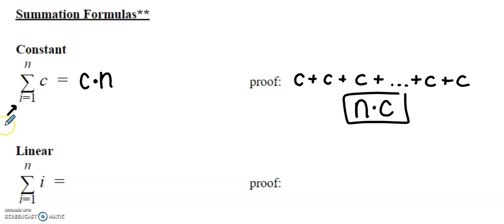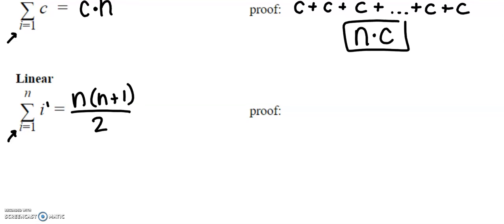This one, if I have a linear function, so my index is i, and I have i to the first power, so we've got a linear summation. This shortcut formula, instead of listing them all out, is going to be n times n plus 1 all over 2. And this is where a proof of this gets interesting.